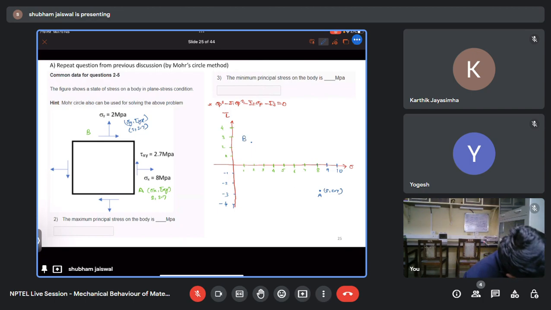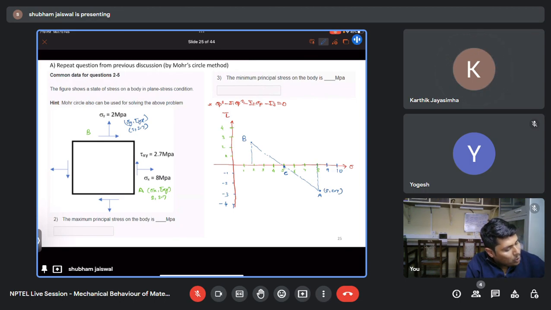So let's say this is my A and B. Now if I join, this is my C point, that is the center. Am I correct? Yes, sir.